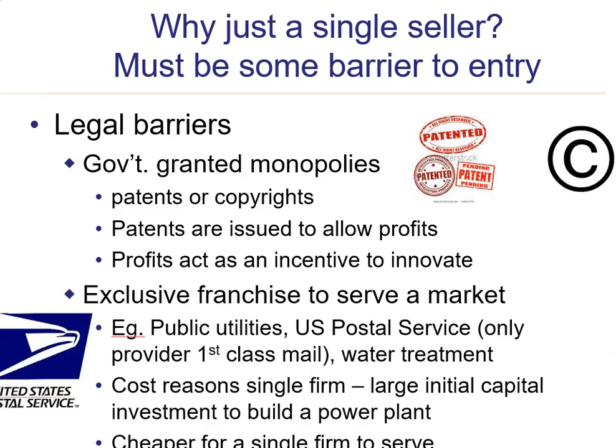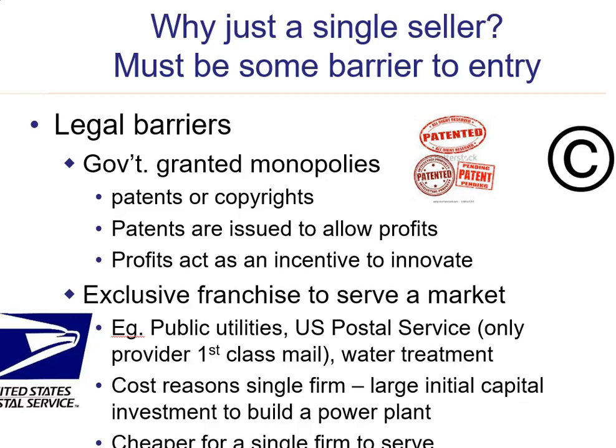Finally, the other way that you can get a legal barrier to entry is the U.S. government or other countries' governments set an exclusive franchise. For example, for first-class mail delivery, only one company can access your mailbox, and that's the U.S. Postal Service.